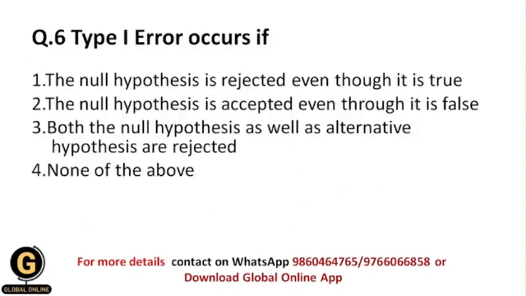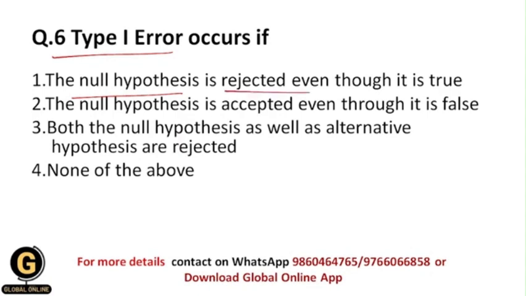Okay, now next is: type 1 error occurs if. Now this is the easiest question. Whenever you understand exactly what type 1 error and type 2 error are, then you won't fail to answer these questions correctly in your exam. All of you getting? So let us see different options. The null hypothesis is rejected even though it is true.